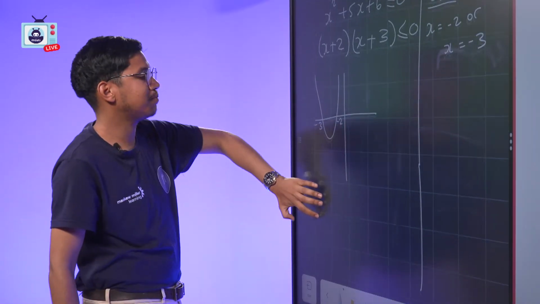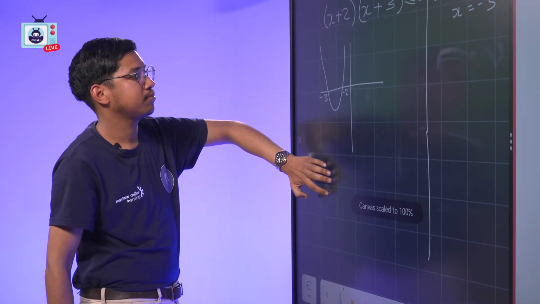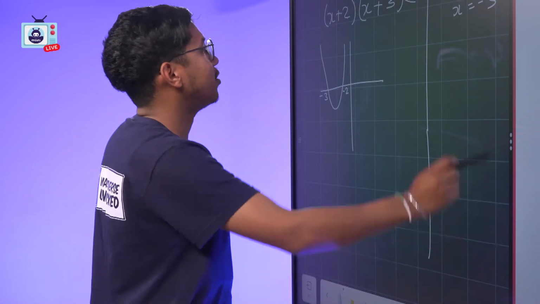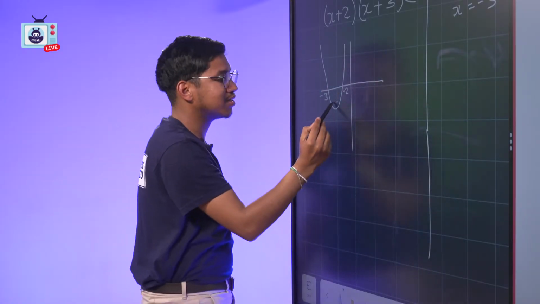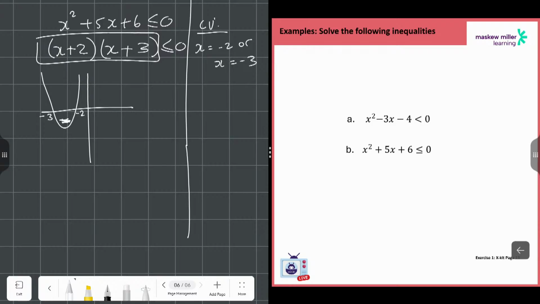Let me just move this up so I can get some more space. It is telling me again that it is in this area over here, because this here is just y. So I'm just working between the two numbers.